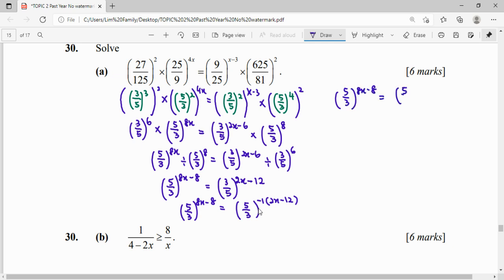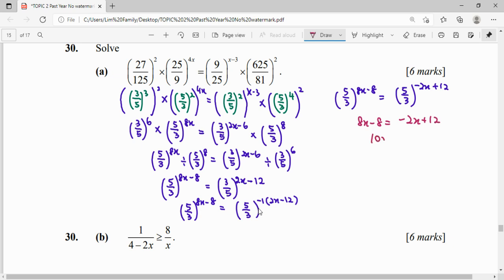Finally, we get our indices into the same base, and our power here will be simplified to become negative 2x plus 12. So finally, we can equate our power, which is 8x minus x equals negative 2x plus 12.